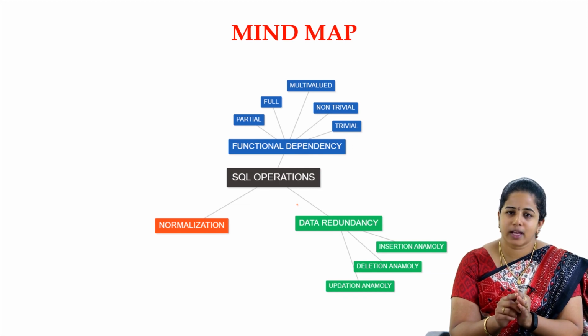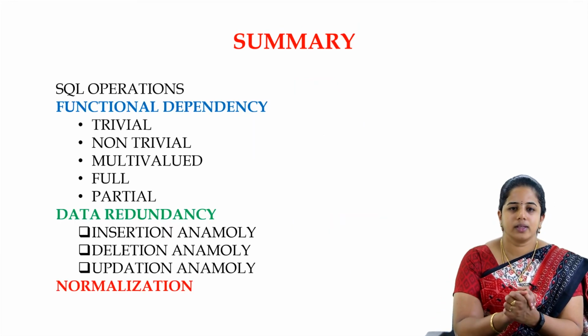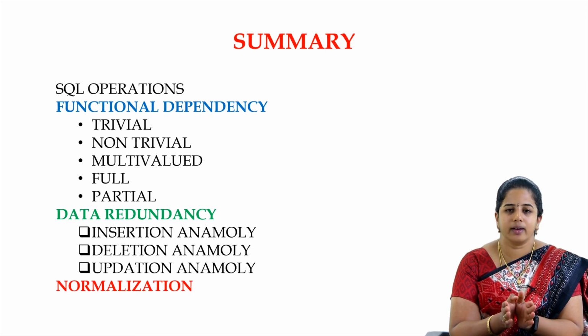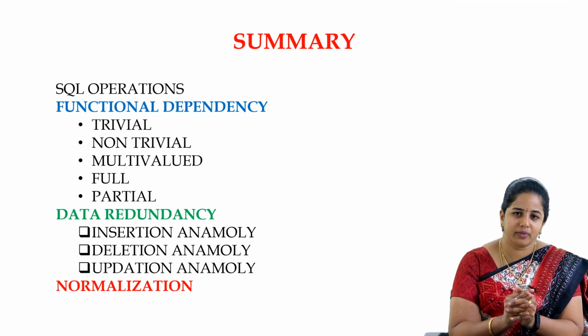The attributes can be in any order. These are the conditions to be satisfied. So with this I summarize that the topics which we have seen today are functional dependency, data redundancy and normalization. We shall see about the other normal forms in the upcoming videos.